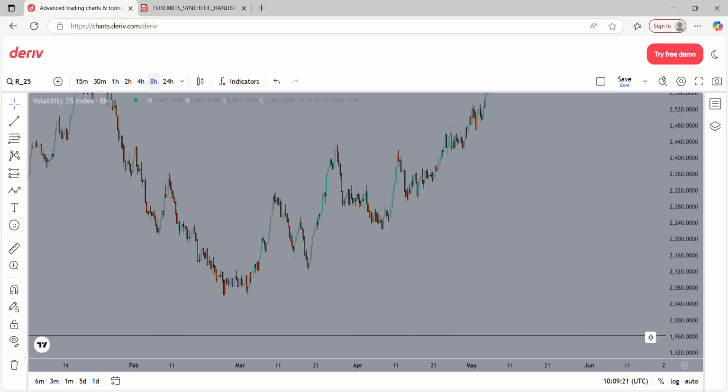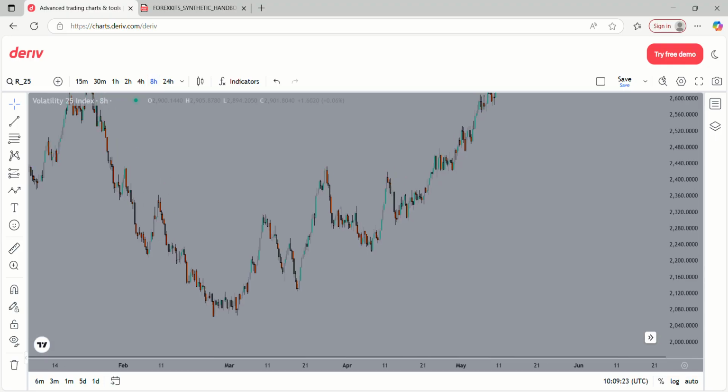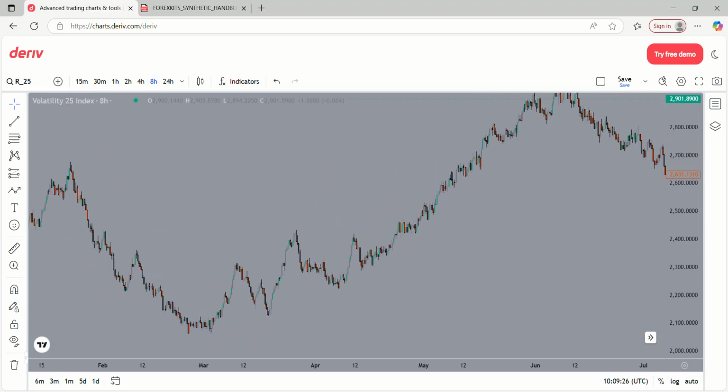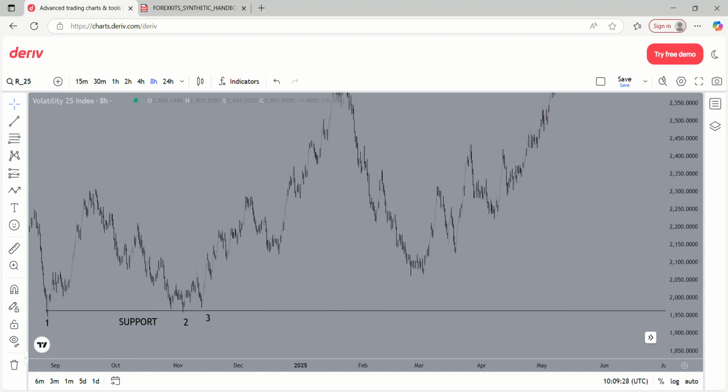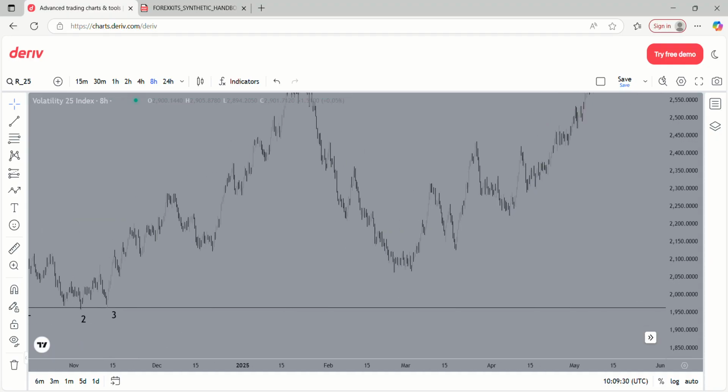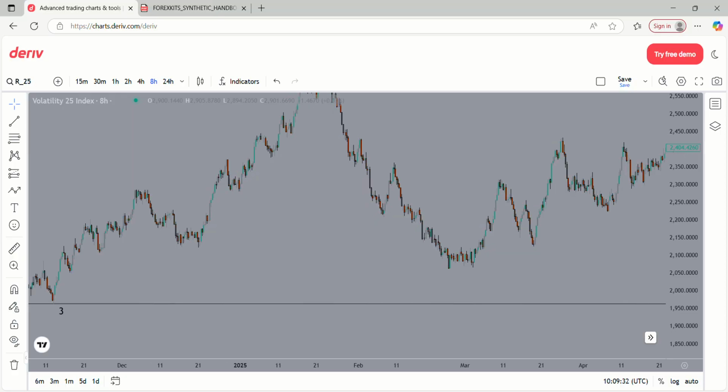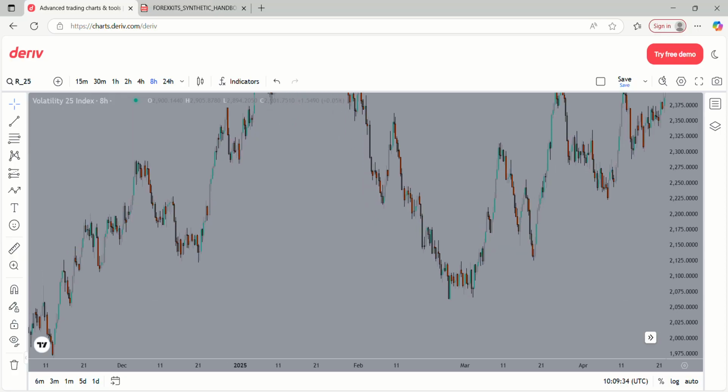There is always a lot of support and resistance on your screen, but let me just go on before I start talking about the strength of support and resistance. Okay, here I have another one here. Let me use my trend line again. I don't know if you can see this.